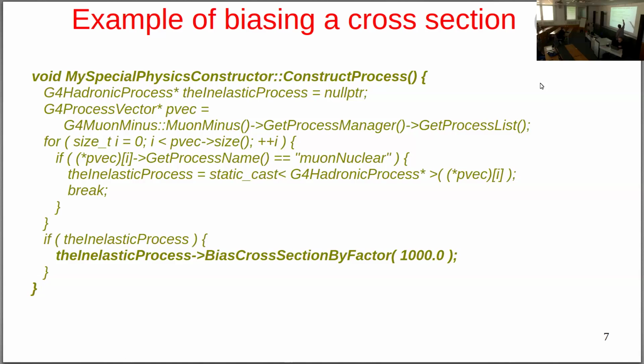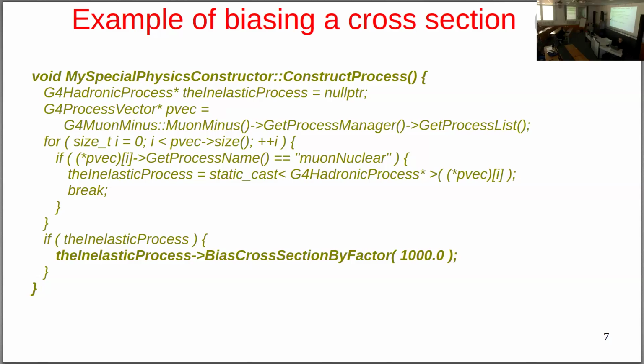There, for instance, we want to bias the mu minus hadronic cross-section. So we ask the process manager to get the list of processes for mu minus.